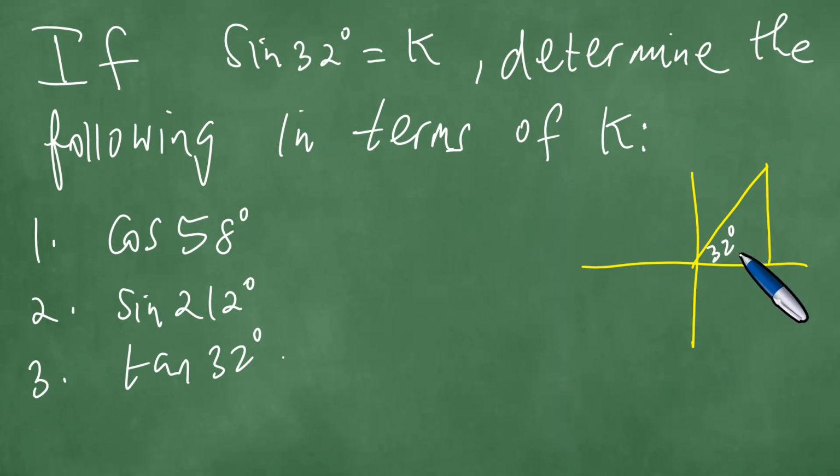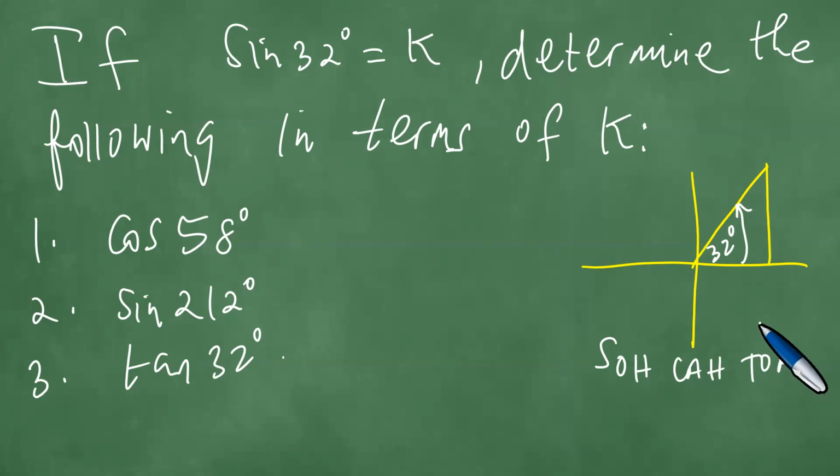So at this point, the side of 32 is opposite of hypotenuse. And therefore, this is R, this is Y. You're interested in this one, which is X.